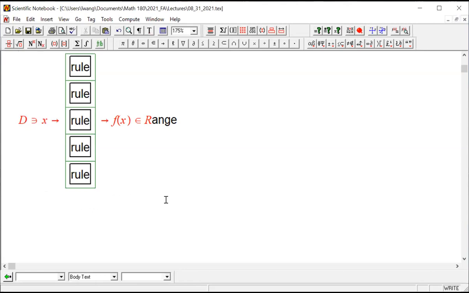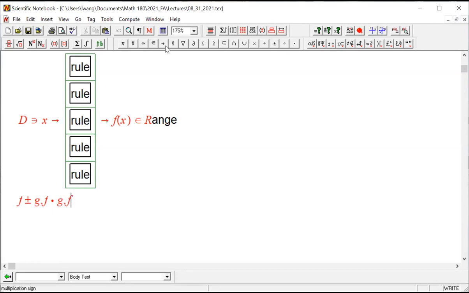And what you can do with these 22 basic functions, you can produce more functions, okay? By doing what? One function plus another function. One function subtract another function, right? One function multiply another function.